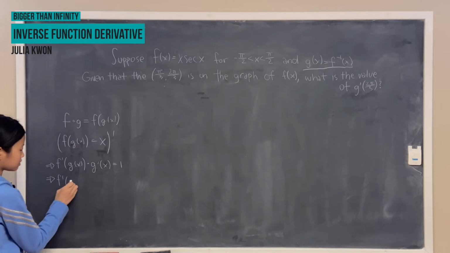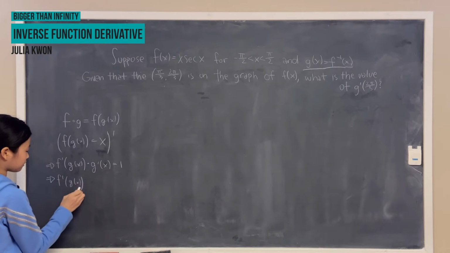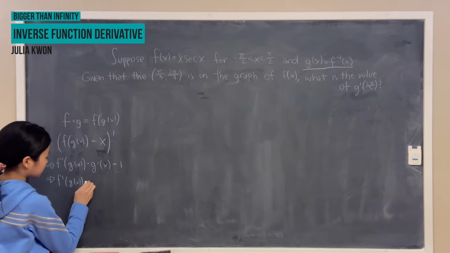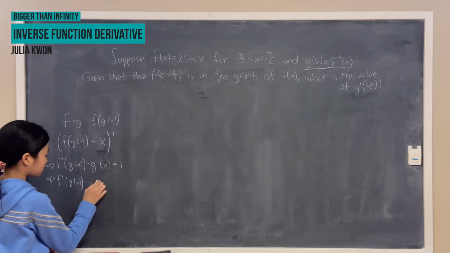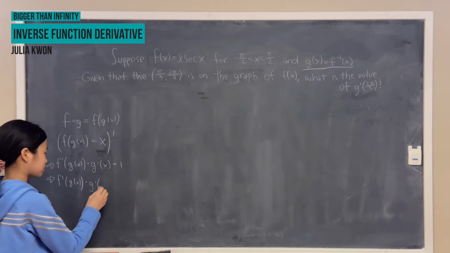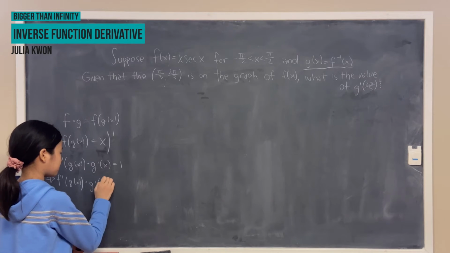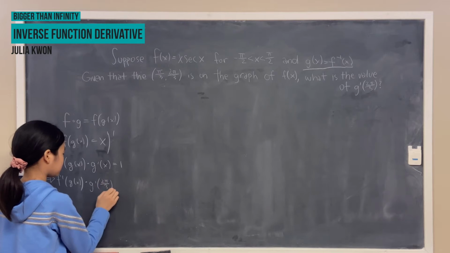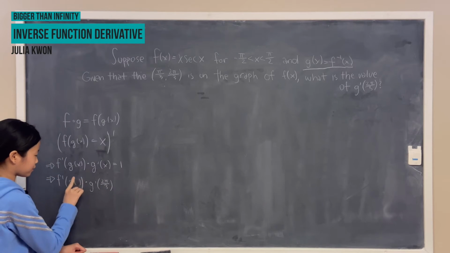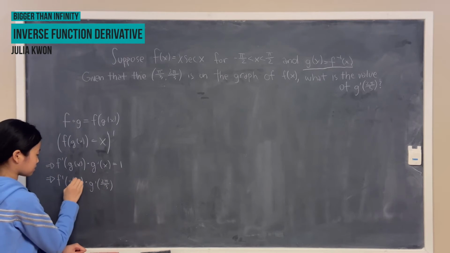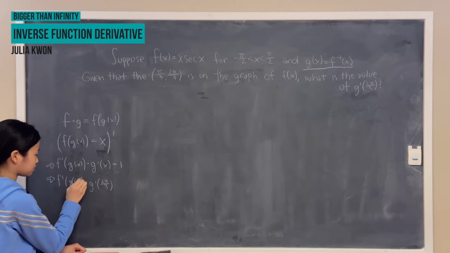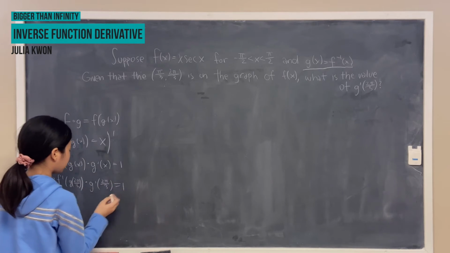We'll get f prime of g of 2 pi over 3 times g prime of 2 pi over 3 equal to 1.